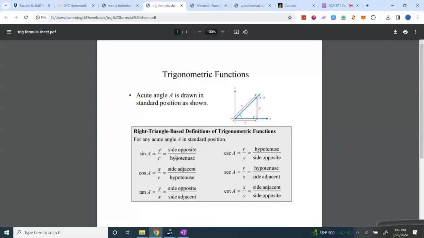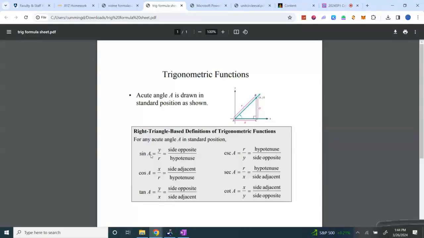Now, on this formula sheet, you see a couple of different formulas. The first formula deals with a rectangular coordinate system. In our class, we don't deal with the rectangular coordinate system, so where you see y over r and x over r and y over x, we don't use that first set of formulas, but we will use this second set.